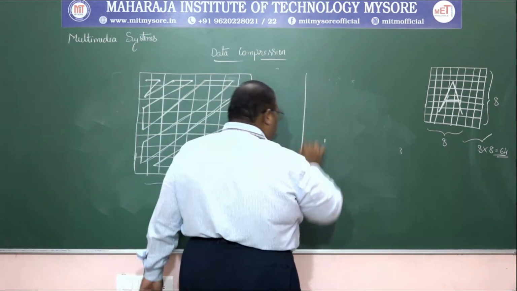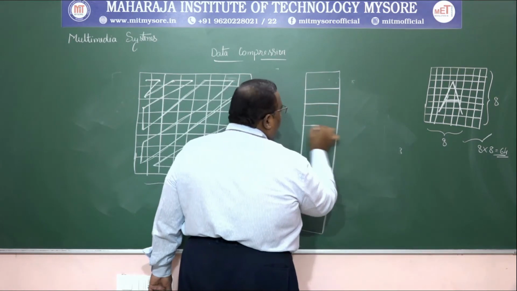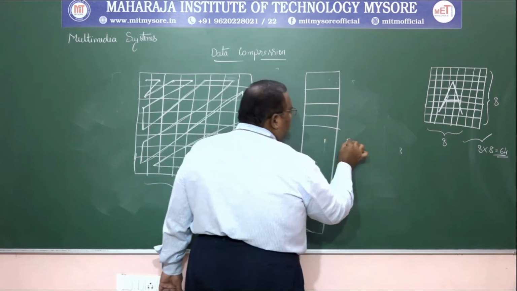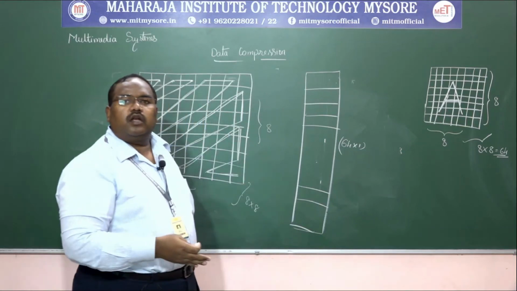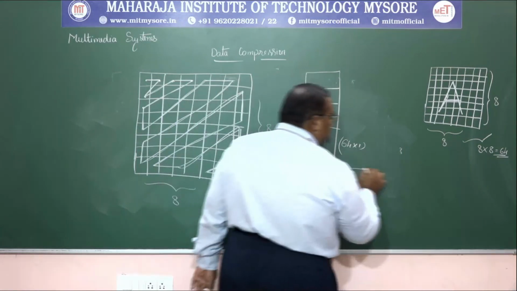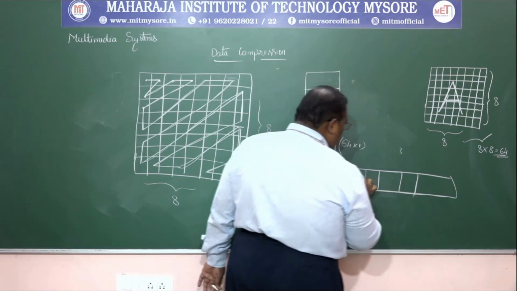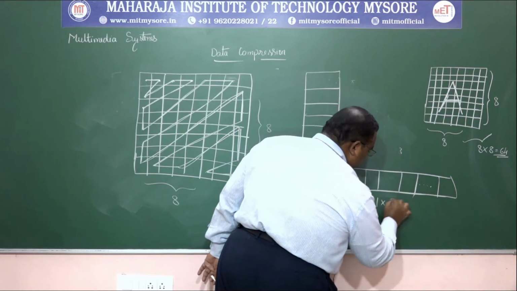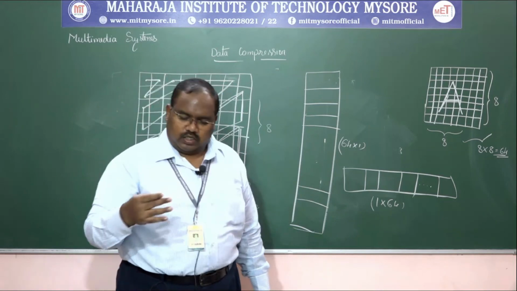Either it would be a 64 by 1 matrix, 64 rows and 1 column, or one row with 64 columns.